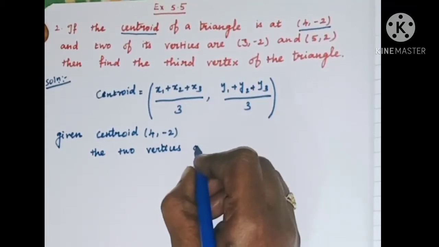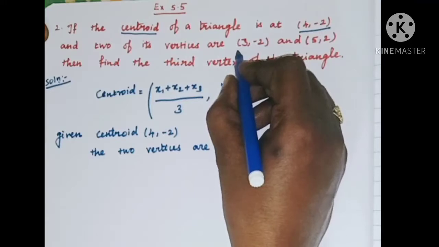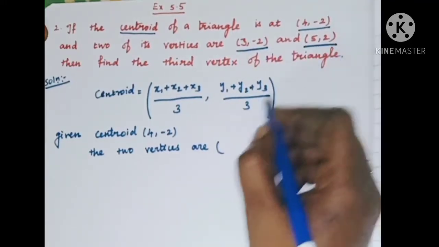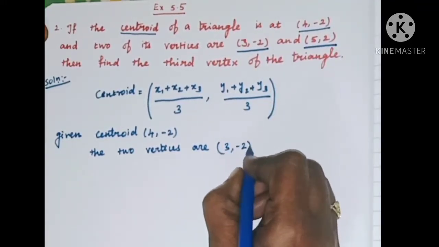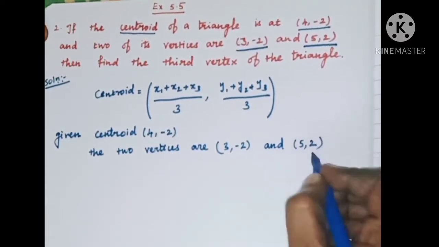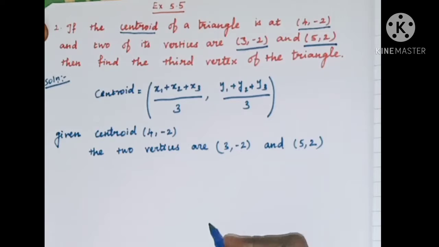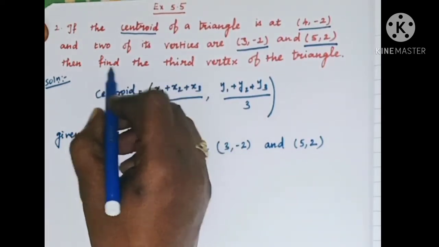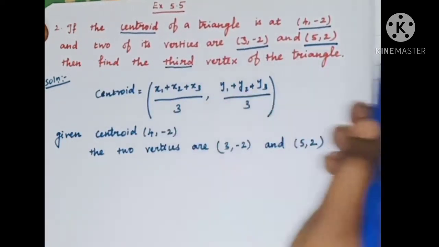What are the two vertices? (3, minus 2) and (5, 2) are the two vertices of the triangle. So, we have to find the third vertex of the triangle.